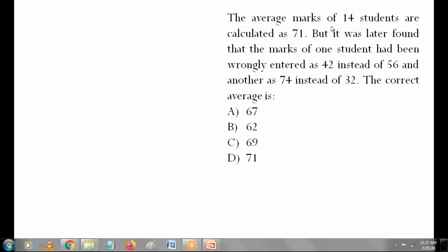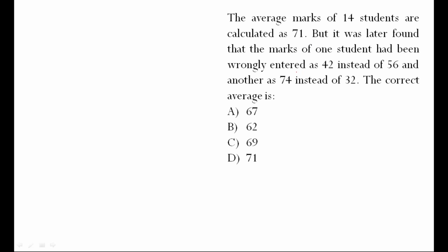Here, the average marks of 14 students are calculated as 71, but it was later found that one student's marks were wrongly entered as 42 instead of 56. Another student's marks were wrongly entered as 74 instead of 32.